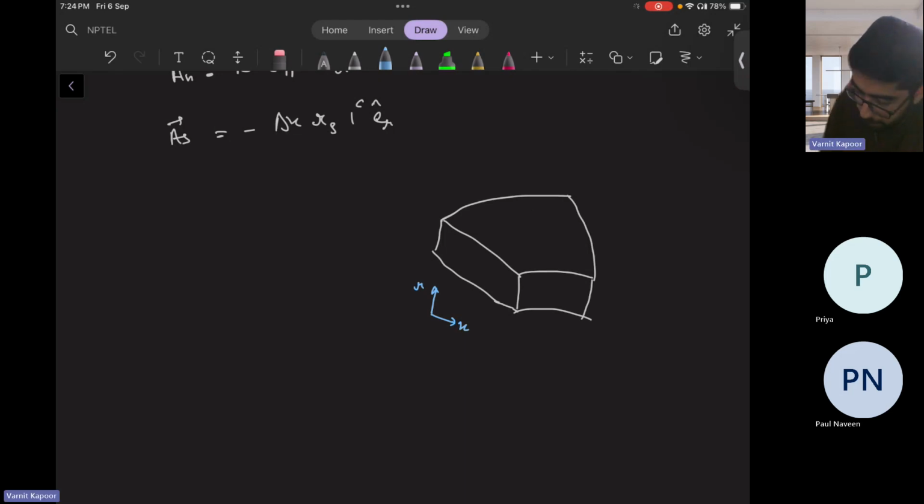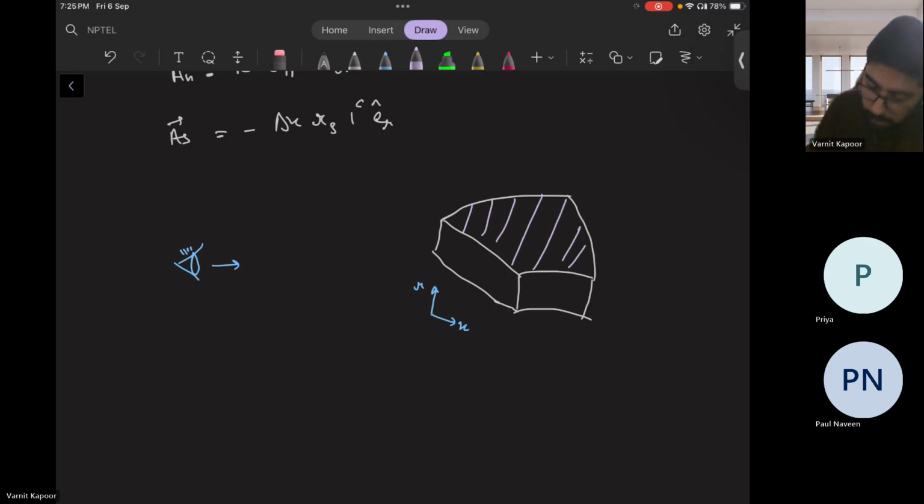So I'm watching from here. Observer is here. All right. So which face will this be? This will be your north face. The bottom will be your south face. This will be your east face. Similarly, north, south will be below, and west will be opposite.